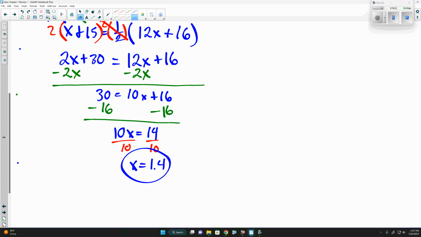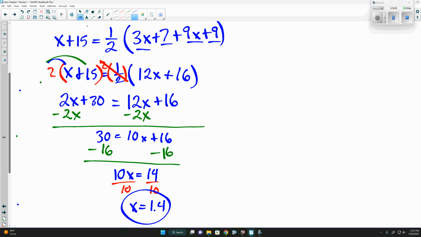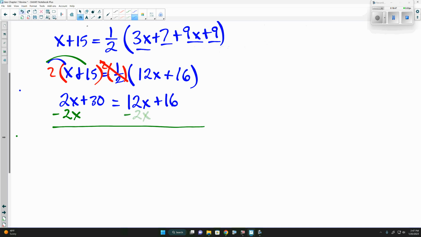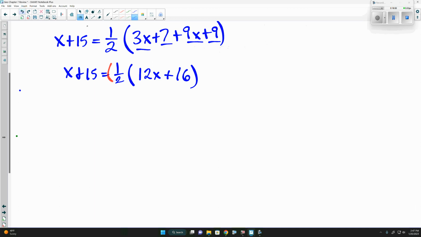Any questions on this here? Yes. This? Because we're multiplying this whole thing by 1/2. Now this one here, back up. Is 12 and 16 divisible by 2?